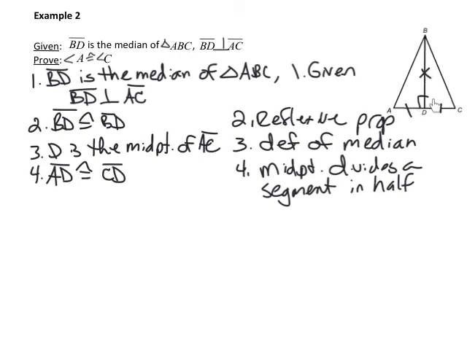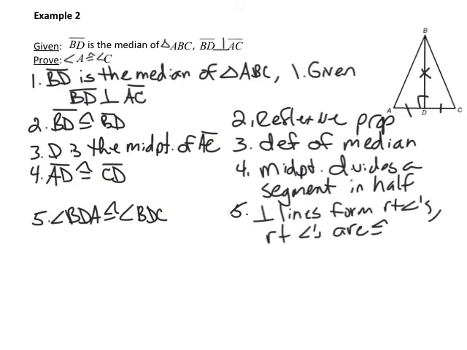Now I'm just going to get these angles congruent, and then I'll have side, angle, side. So I already have perpendicular lines, which means I can jump right to my congruent statement. Angle BDA is congruent to angle BDC because perpendicular lines form right angles, and right angles are congruent.